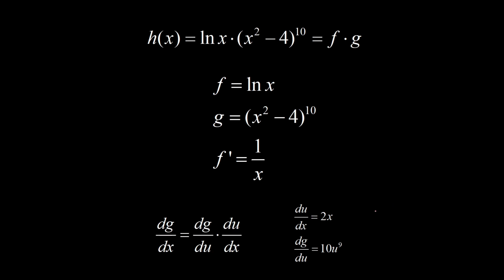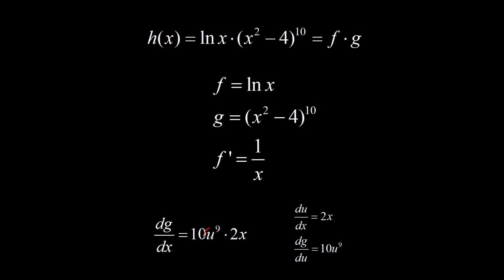And now that we have these pieces, we plug them into the chain rule. So dg du, the derivative of g with respect to u, is 10u to the 9th. And du dx is 2x.